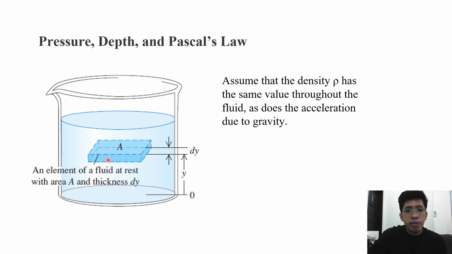We take a small element of fluid at rest with area A and infinitesimal thickness dy, at some height y with respect to our reference, which is at the bottom surface of the glass, our y equals 0.